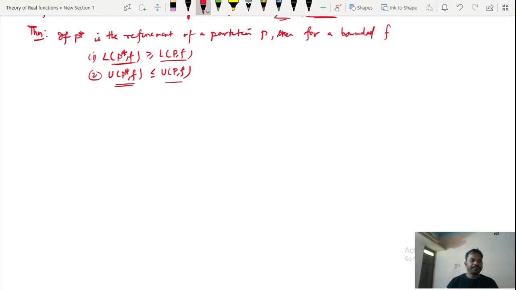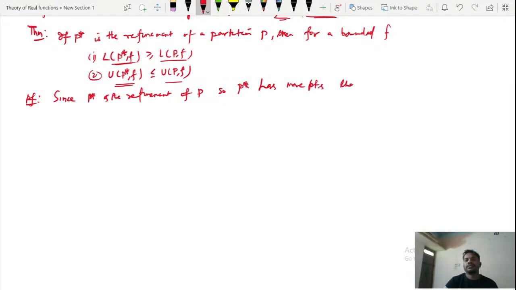So how will I show it? Now prove. Since P star is the refinement of P, it has more points than P. Suppose P star contains just one point more than P. Similarly, if it contains two or three points more than that, then we can easily show it.